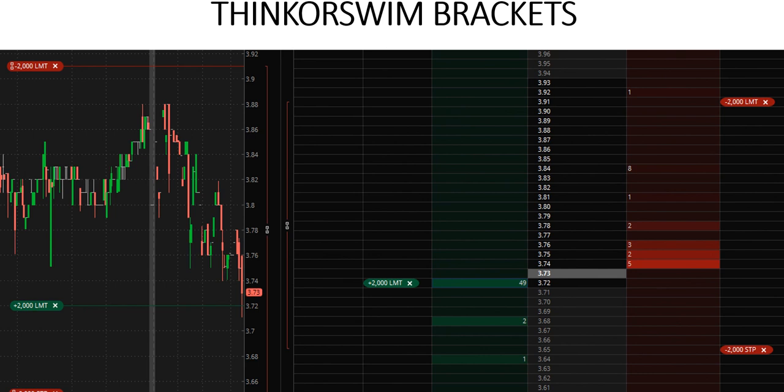So you'll see here over on the right side of the screen, that's the active trader within thinkorswim. And if I were to buy the stock at 372 here with 2,000 shares, well, my take profit cell is automatically going to pop up at 391, and my stop loss automatically pops up at 365. So in this case, we're looking at a 5% potential gain here, and then a 2% potential loss.